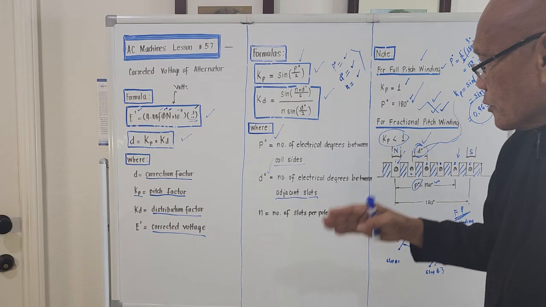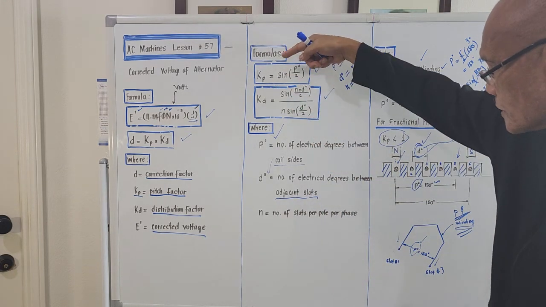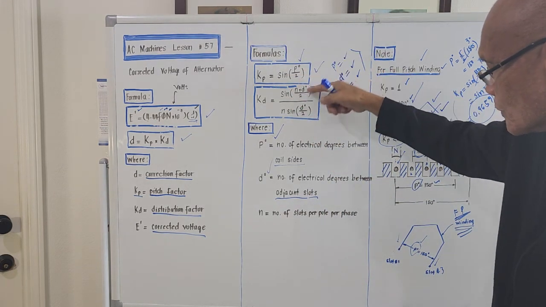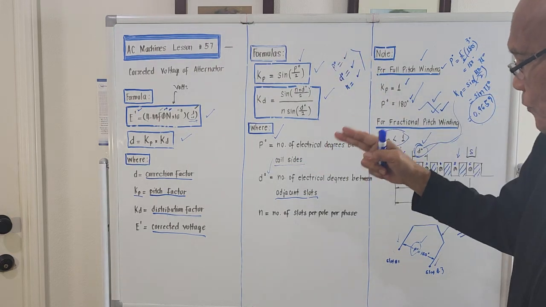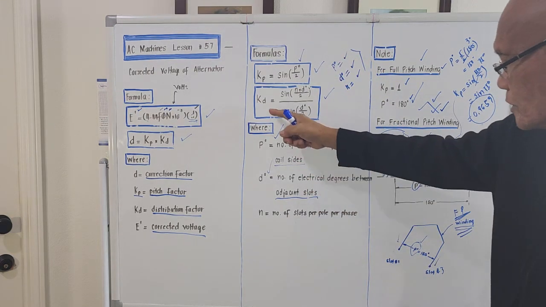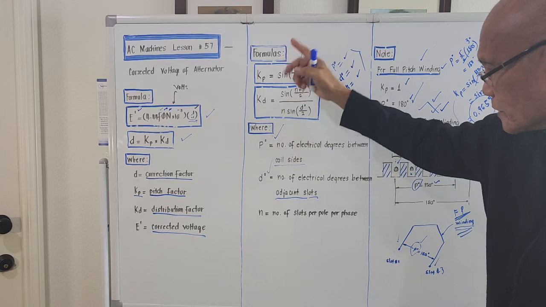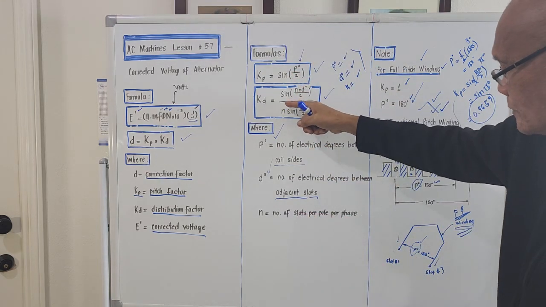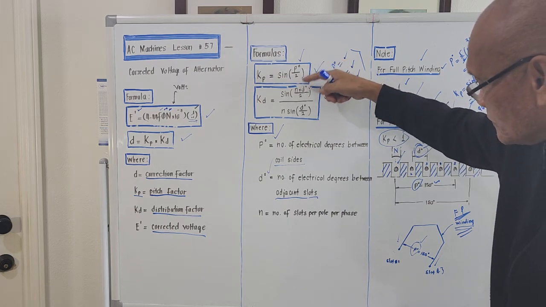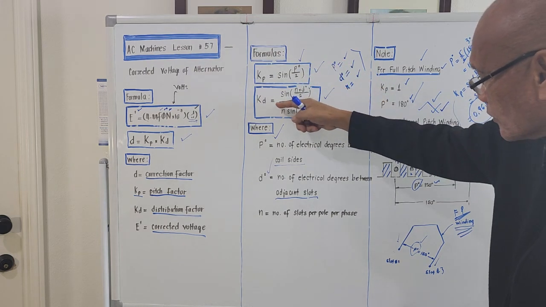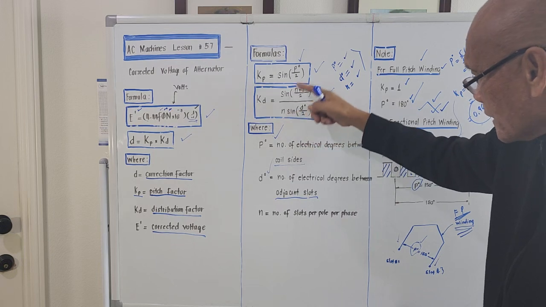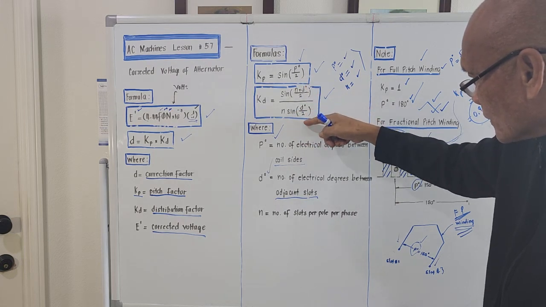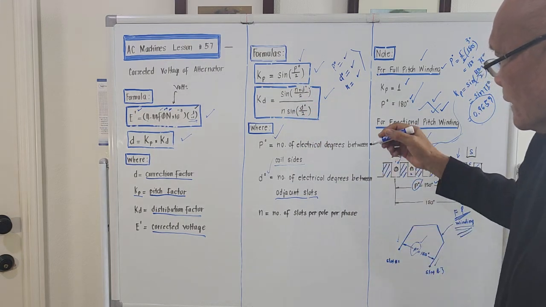The formula for the pitch factor is sine of quantity p degree over 2. The formula for the distribution factor is a little bit more complicated: sine of quantity n times d degree over 2, all over n times sine of quantity d degree over 2.